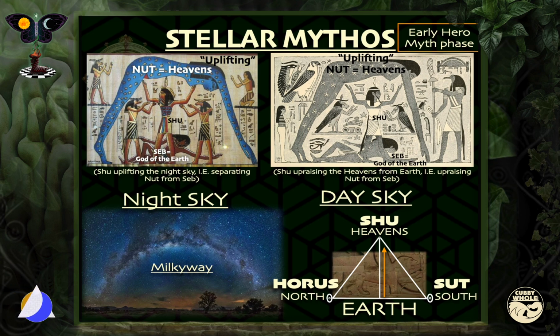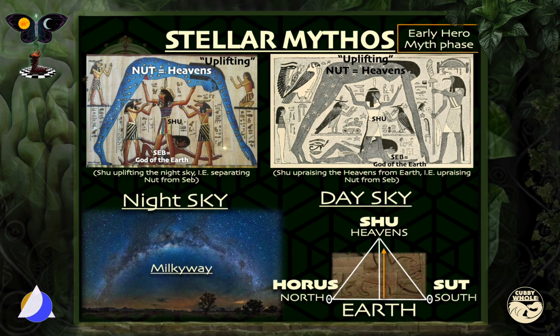Shu raises the north and the south in equipoise. On the photo on the left, we see Shu in the night sky separating or lifting up Nut from Seb, and Seb is the god of earth. So we really have to understand the night sky with Shu. And then we see the figure of Shu raising the heavens from earth on the right side, upraising Nut from Seb in the day sky. So this is the equator or the equinox.